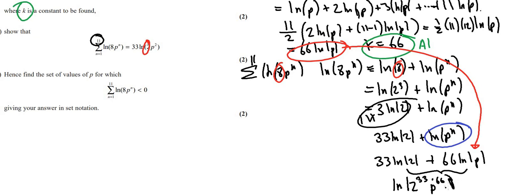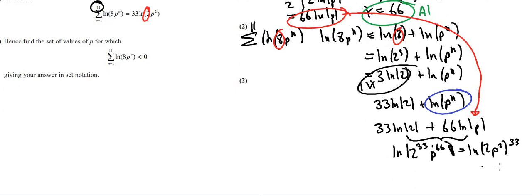Now I can split them up, because I want 2p squared, so that's going to be log of (2p squared) to the power of 33. It's 2 to the 33, 2 times 66, p to the 66. Brilliant. What's the only thing left to do? I take my 33 here as a coefficient instead of a power, and I'm done. I've got 33 times log of 2p squared.